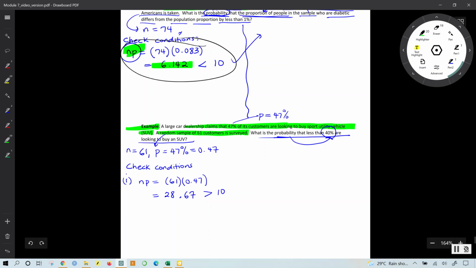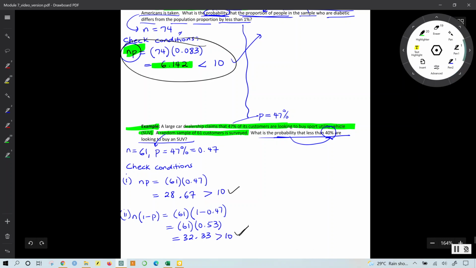This is greater than 10, and so we can say that it checks out. Then 2, we have n times 1 minus p, that is 61 times 1 minus 0.47, which will give us 61 times 0.53, and that is equal to 32.33. This is also greater than 10.